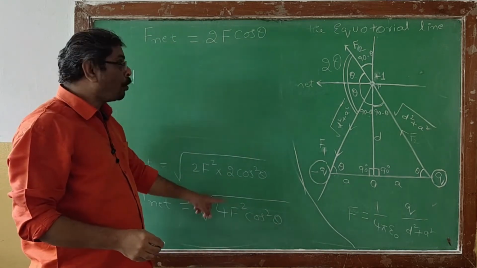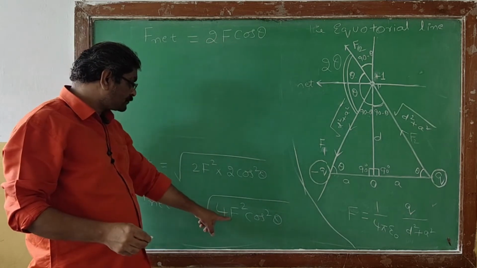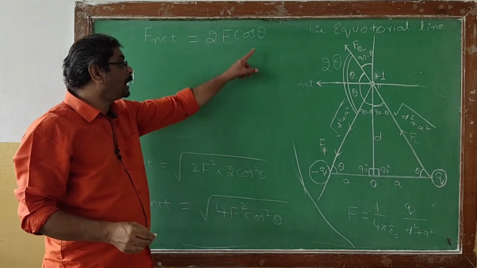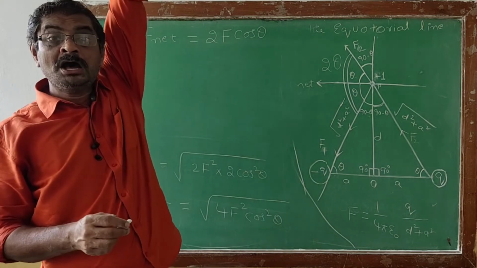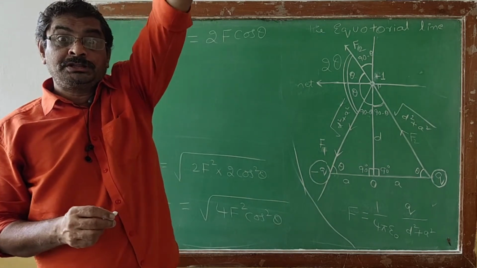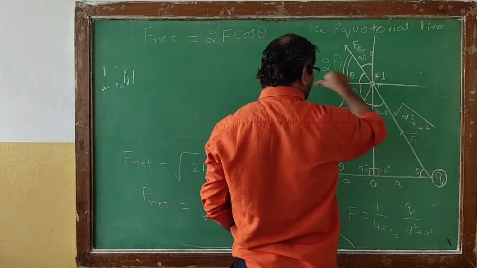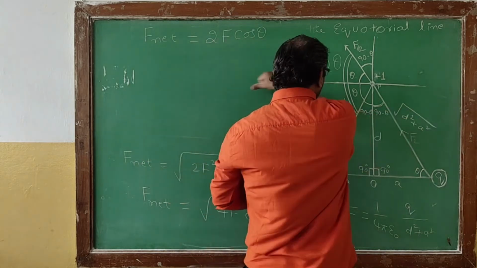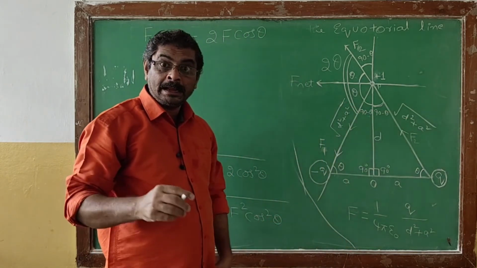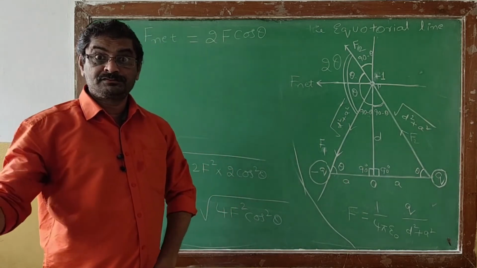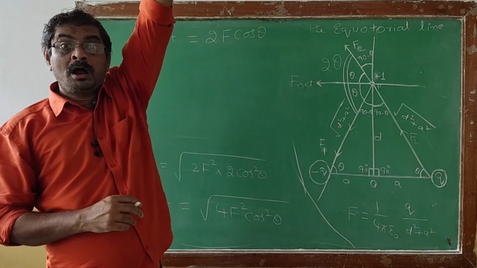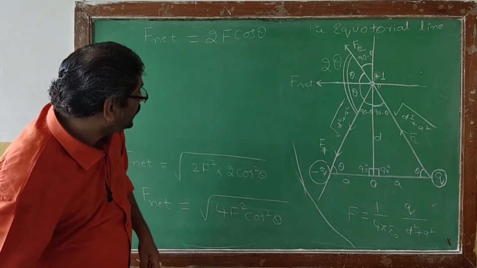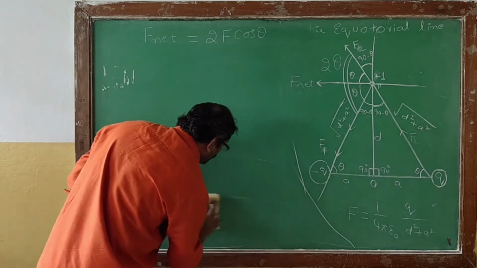So under root of 4F square will be 2F, and under root of cos square theta will be cos theta. That is the reason why the net force that will be acting on the unit positive charge will be given by the formula: F net will be numerically equal to 2F cos theta.